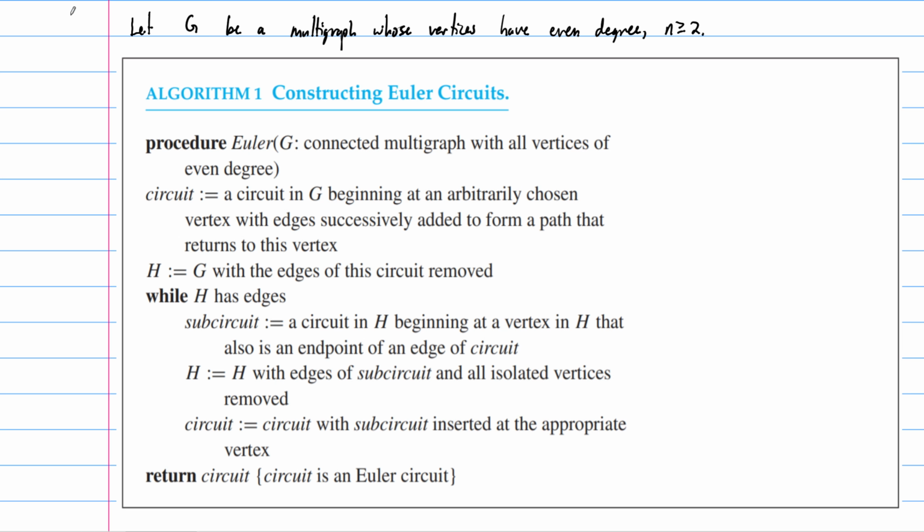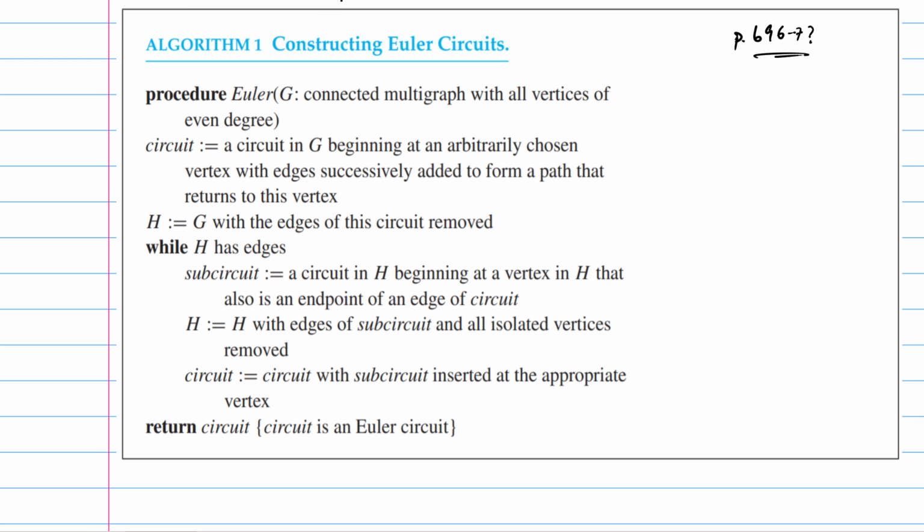It's from page 697 of the book, and maybe 696 or 7, right after the theorem that we just referred to. In this book they call these procedures. This is the input, right? This is what you're going to give to a program if you're going to actually write one to find these circuits.